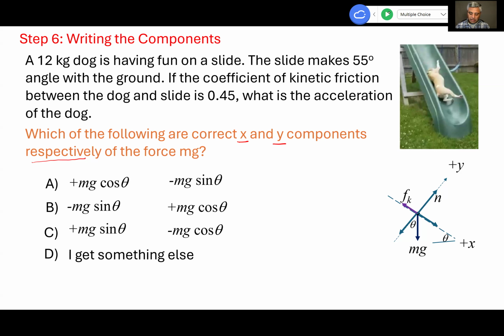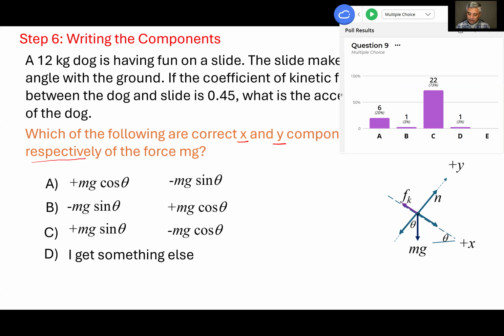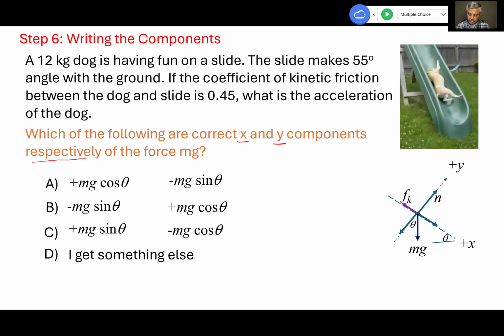Okay, let's see what we got here. Mostly C. Okay, looks like that is the correct answer.